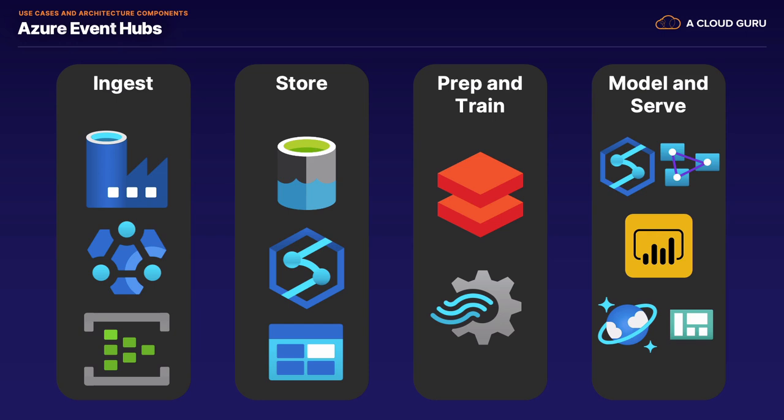For prep and train, we have Azure Databricks and Azure Stream Analytics. And finally, we have model and serve, which is once again Azure Synapse Analytics and Azure Analysis Services, Power BI, and Cosmos DB with consumer based apps or custom applications.